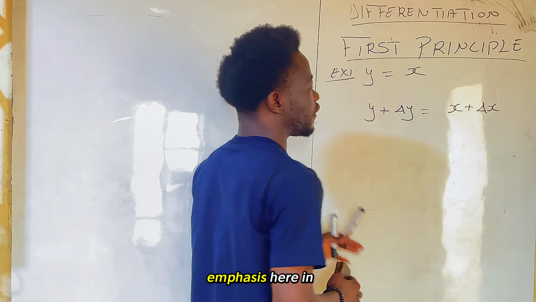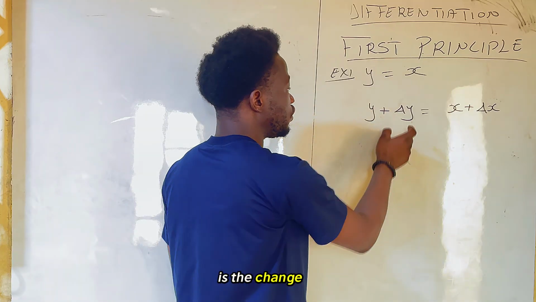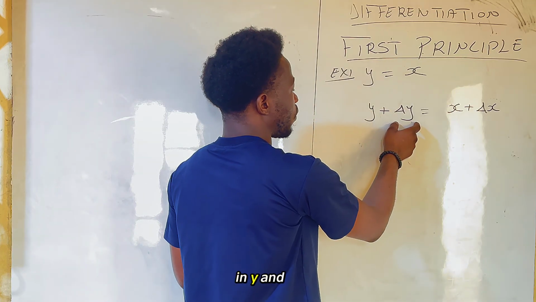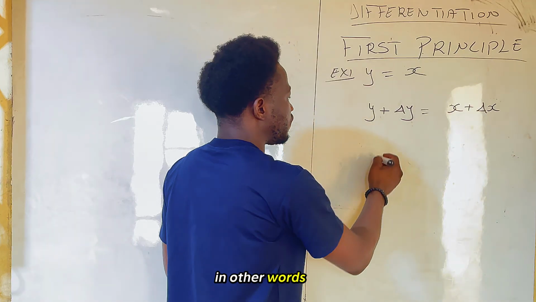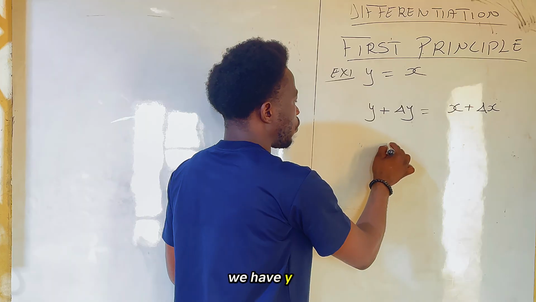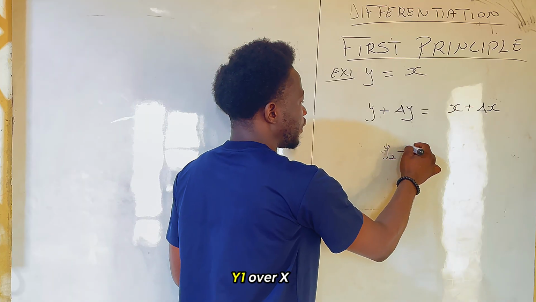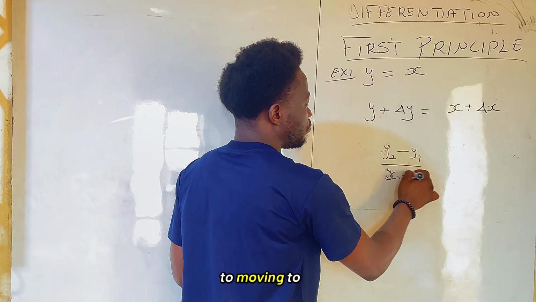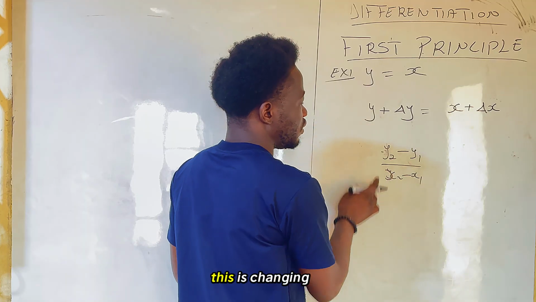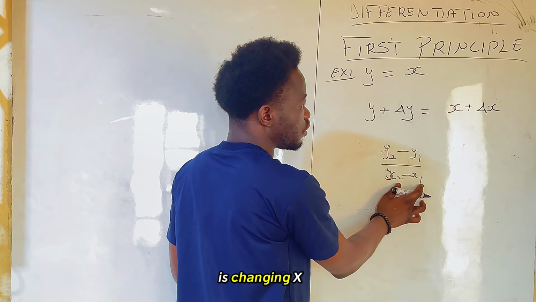But the emphasis here in the first principle is the change in y and the change in x. In other words, we have y moving to y1 over x2 moving to x1. This is a change in y and this is a change in x.